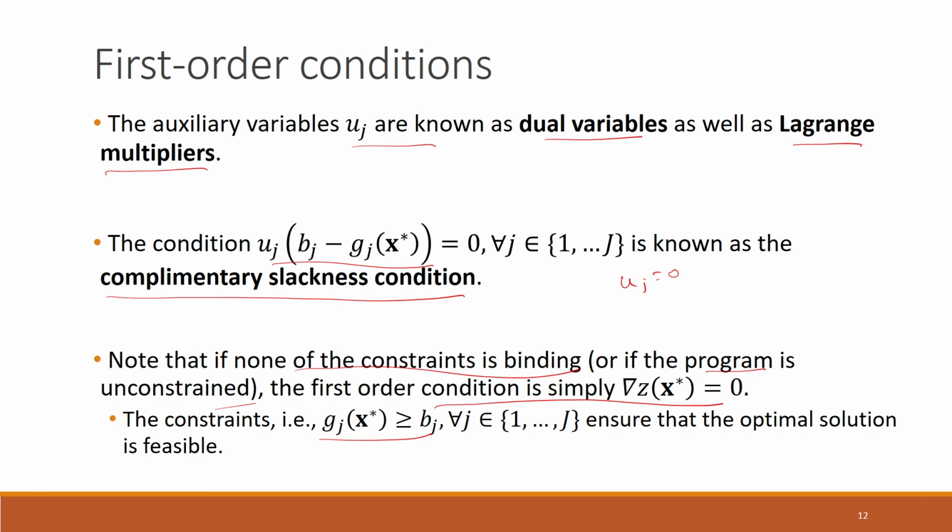So, if uj is equal to 0, the first condition that we saw results in the gradient of z at x star being equal to 0, because the right-hand side in that case is equal to 0. The other conditions, uj greater than or equal to 0, are anyway satisfied. The complementary slackness condition is also satisfied, because uj is equal to 0. Then only the condition that the gradient of z at x star is equal to 0 remains, and the optimal solution that we have found should be feasible.